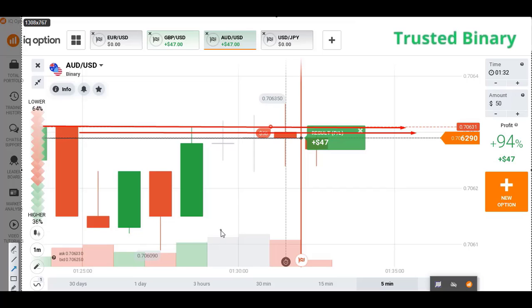This is its volume, a little bit lower than the next candle's volume. The next candle also tried to break this level, but it didn't break.